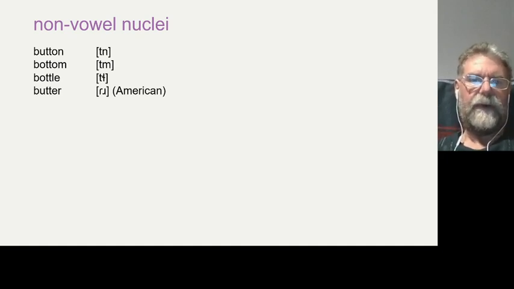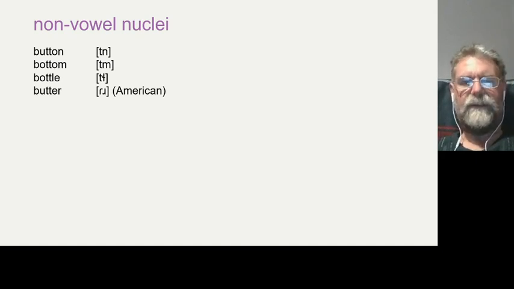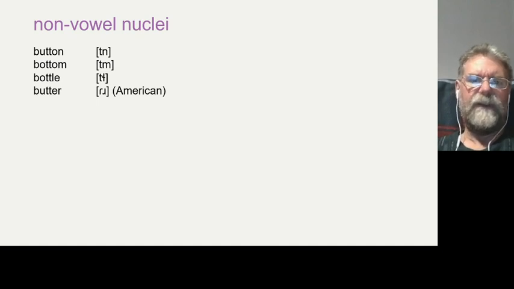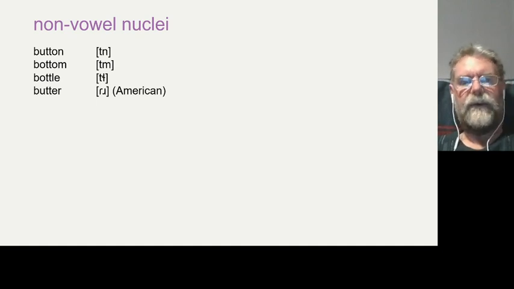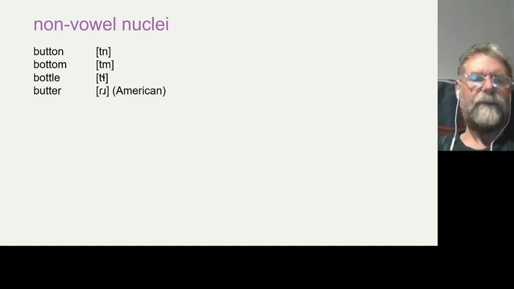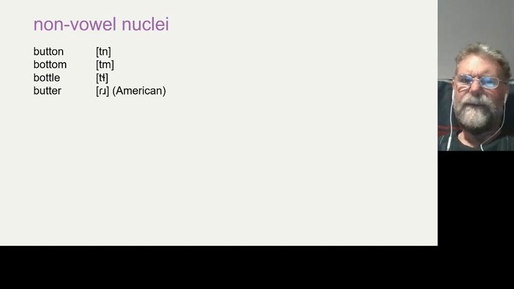We've got this kind of combination. Note, those are syllables. These words have two syllables, and the second one seems to consist of two consonants, a t and an n, or a t and an m, or a t and an l, or a t and an r sound. Note, it's not only the t sound that can work like this.